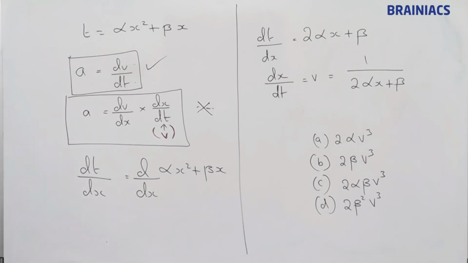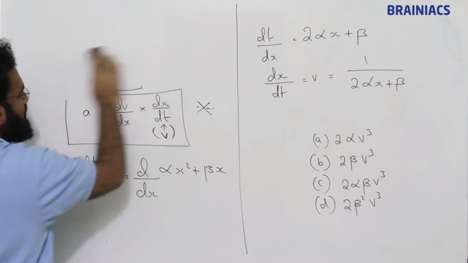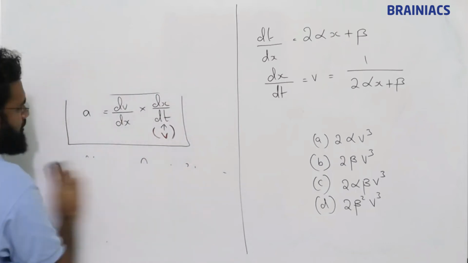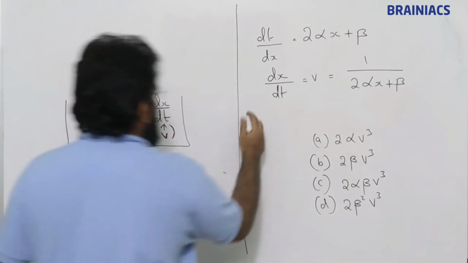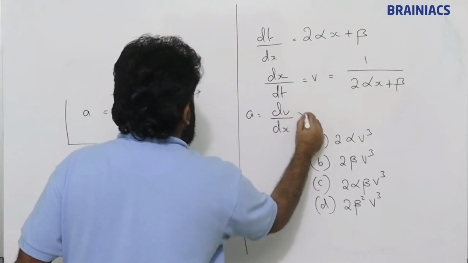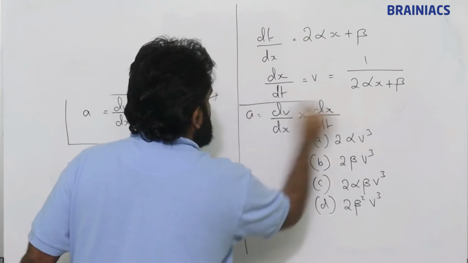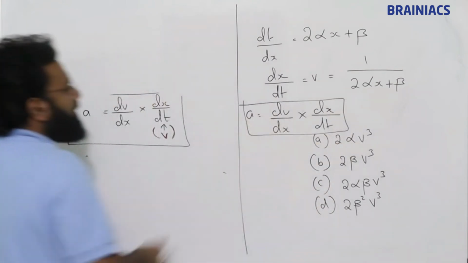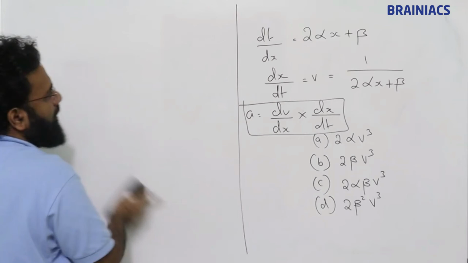Clear? Now I am erasing this. Just I will maintain this here. A is equal to dv by dx into dx by dt. Okay, this is the formula. If you remember this, if you follow that formula, easily we will be able to come to the answer.